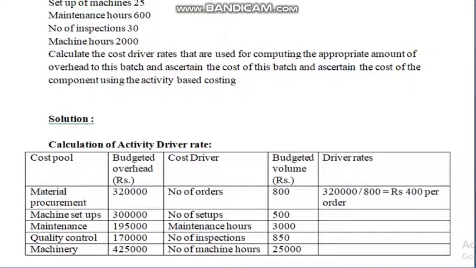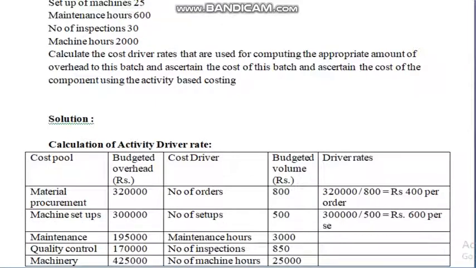So the first activity driver rate is over. The second cost, setup cost, how much? Rupees 3 lakh is the setup cost and this is based on number of setups. How many setups? 500. Now per setup will be rupees 600 per setup.